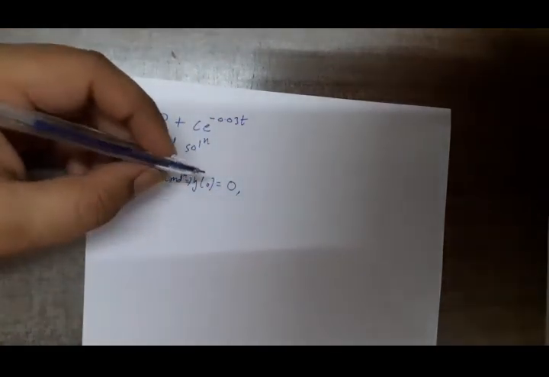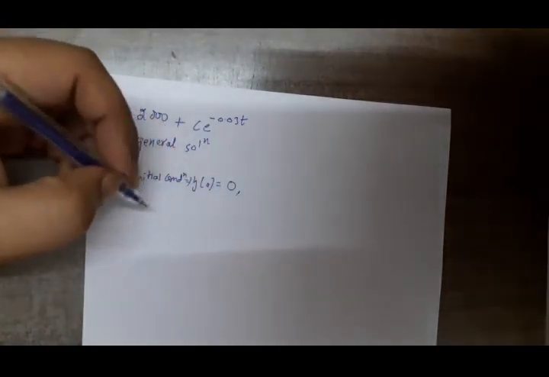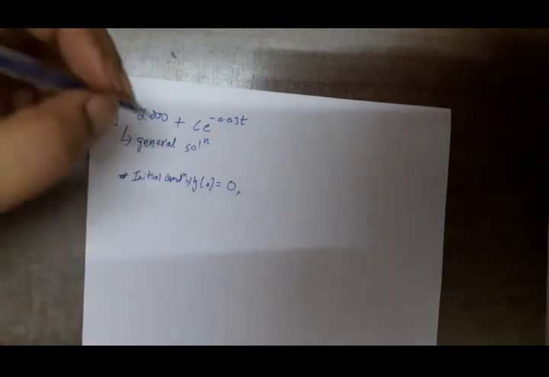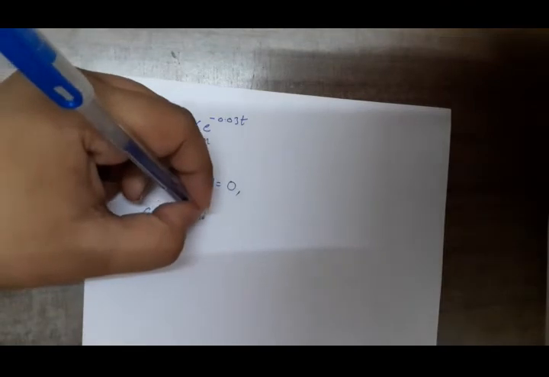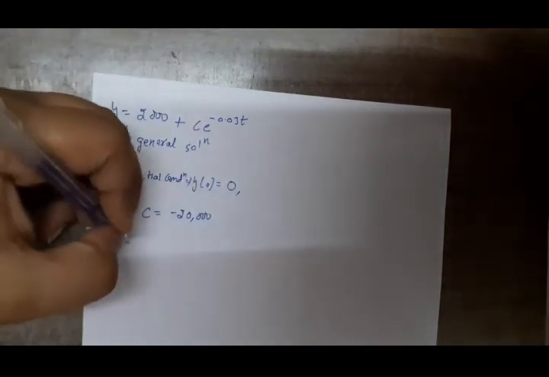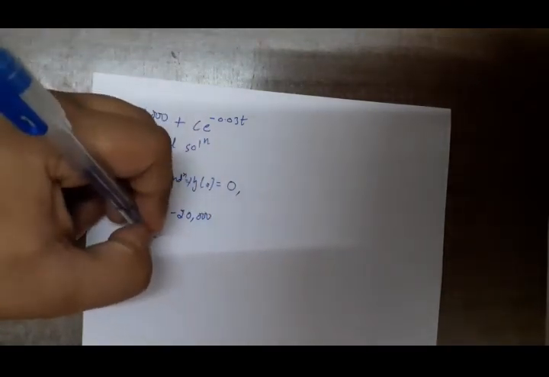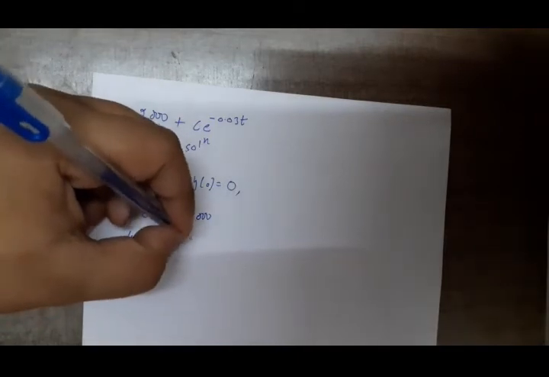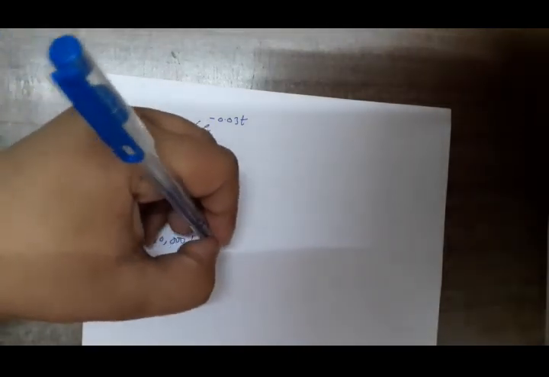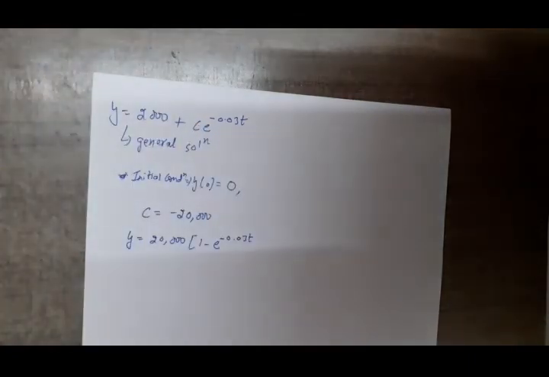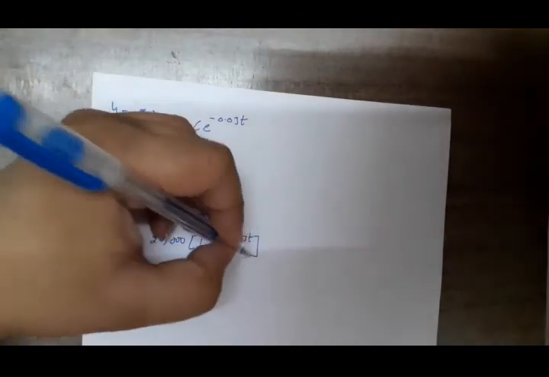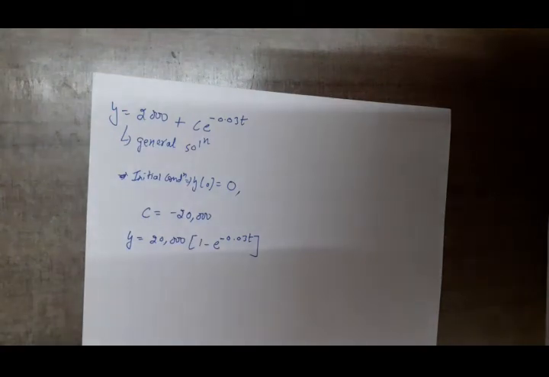On putting y equals 0, we can clearly see that c equals minus 20,000. On substituting it, we get the solution, so this is the amount of fresh air at any time t.